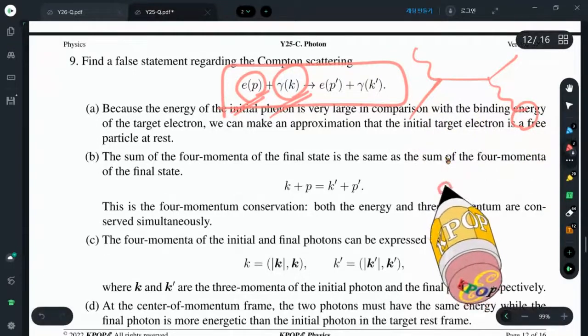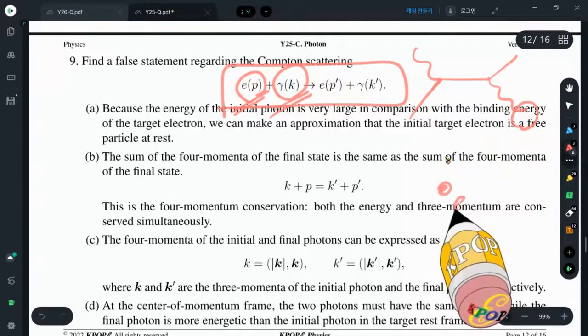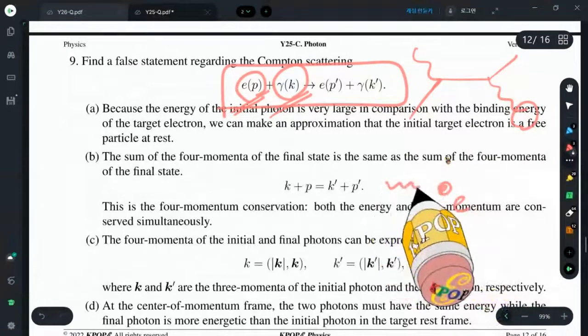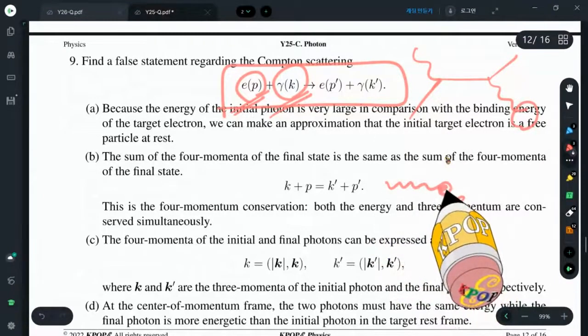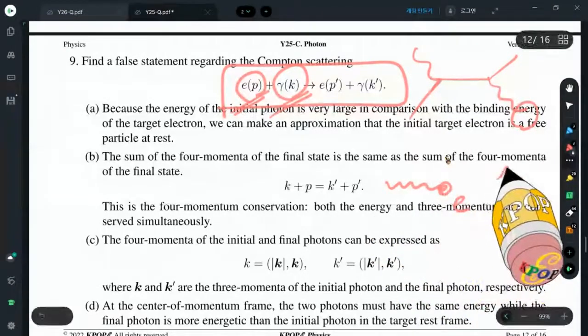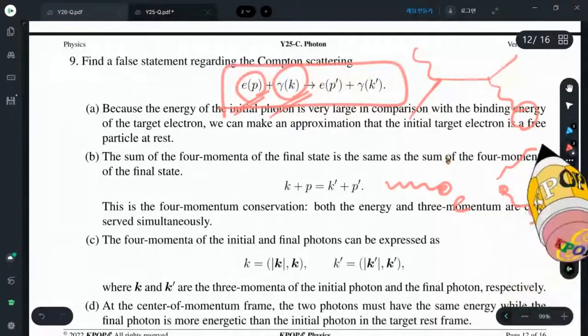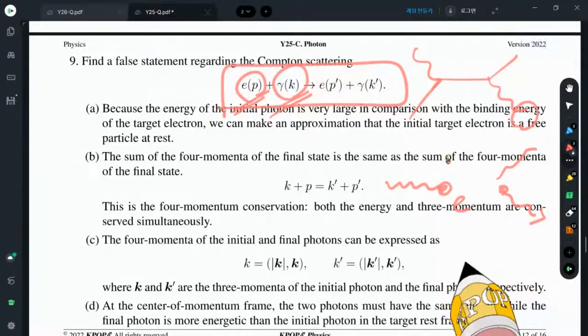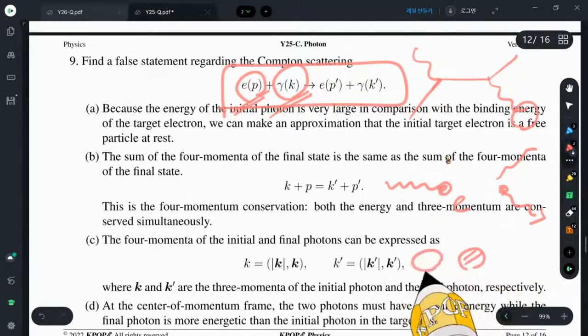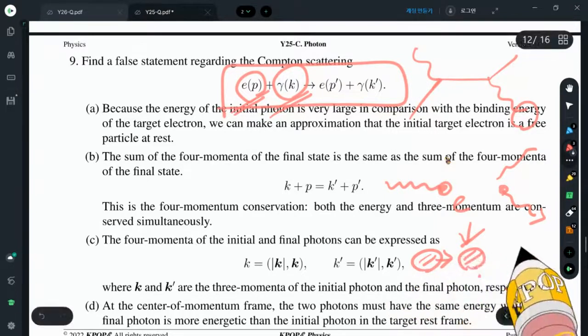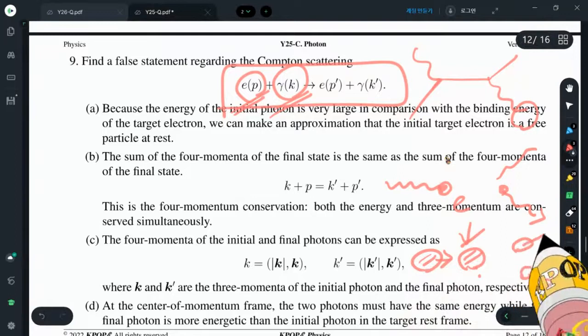In the rest frame of the electron, the electron is at rest, the photon hits the electron, and then finally they travel together. It is just like a collision of billiard balls. The target is at rest, and the incident one hits the target, and both of them move together, something like that.